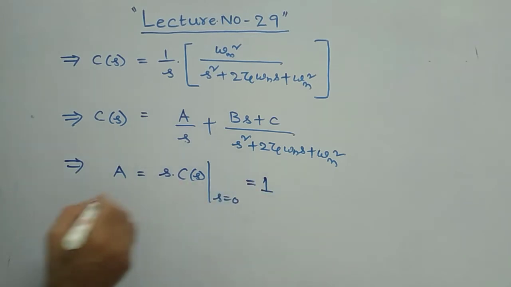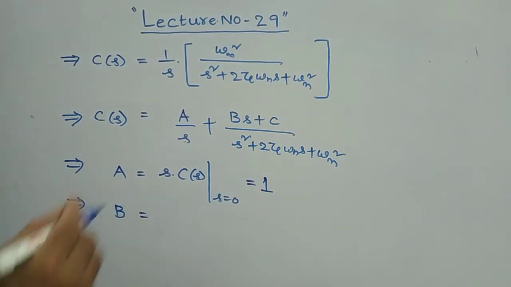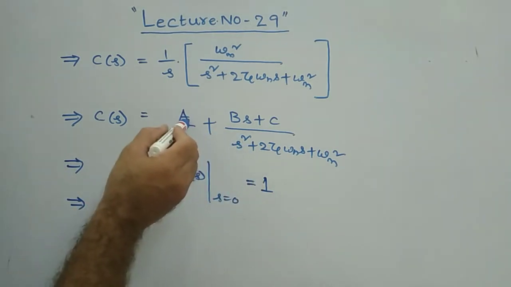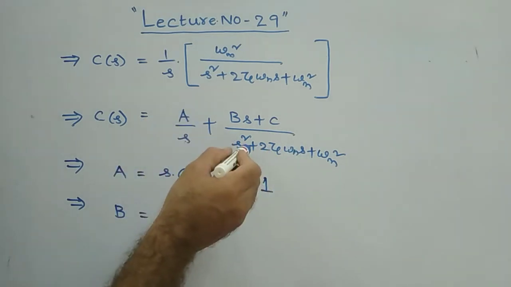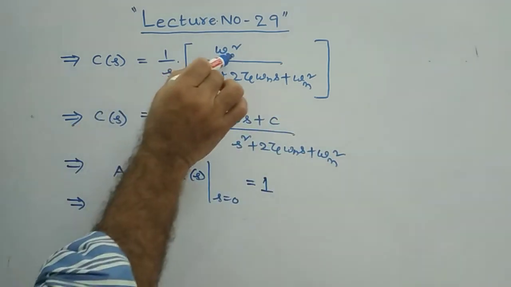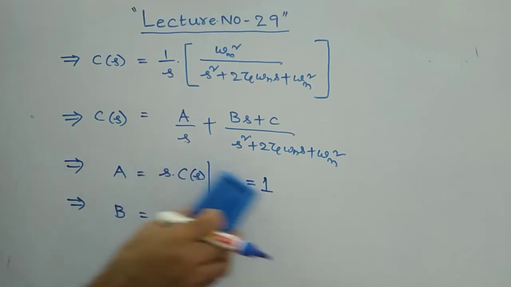Similarly, in order to find your b and c values, what will you do now? Just cross multiply these two. A into this entire quantity, plus s into this thing, is equal to omega n square. That you have to equate. The a value is 1.